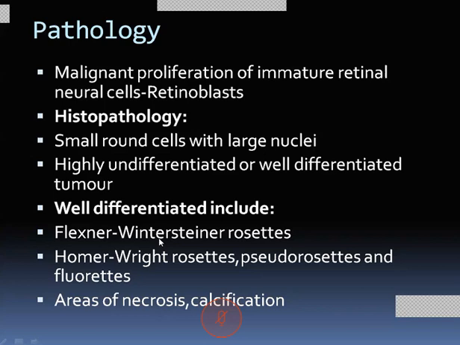Because of its fast growth, there will be a lack of blood supply to the tumor mass, leading to large areas of necrosis and calcification, which is a typical feature of retinoblastoma.